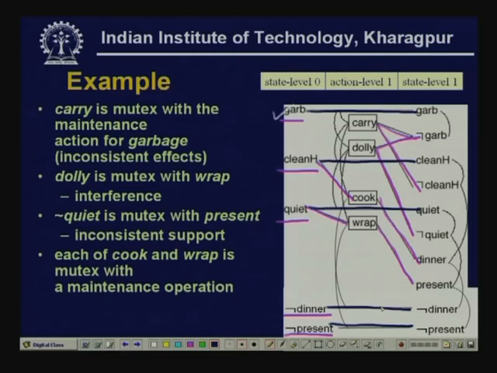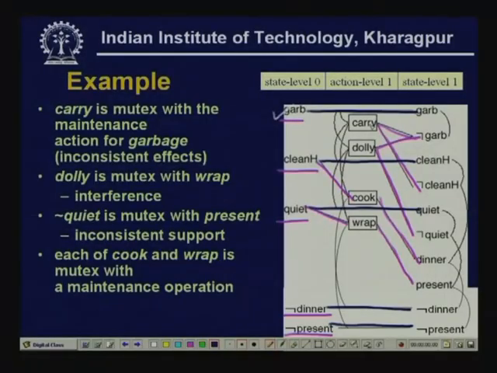Now, we notice that carry has no garbage as the effect, and the maintenance action corresponding to garbage has garbage as the effect. Since garbage and no garbage are mutex, they cannot occur together. So, carry and this maintenance action are mutex. Similarly, dolly has no garbage as the effect, and this maintenance action has garbage as the effect. So, dolly is also mutex with the maintenance action.